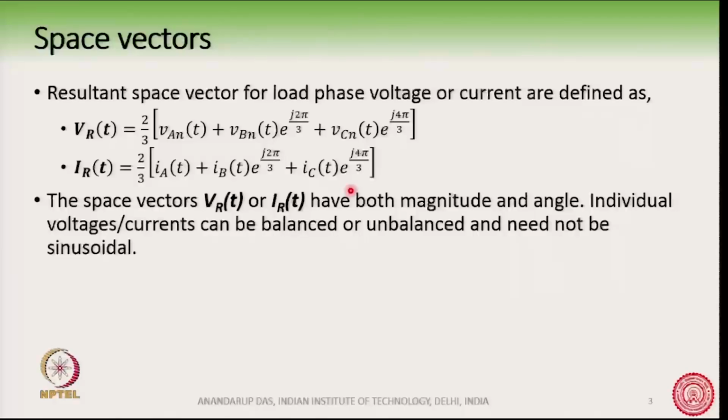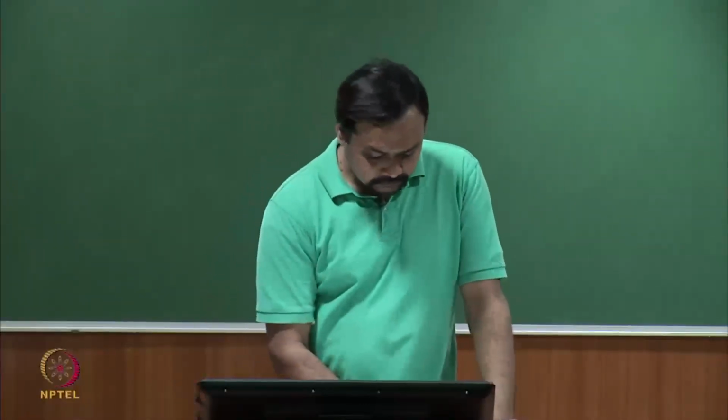So, we see that the space vector is kind of a mathematical concept, but it is very useful in visualizing how the resultant of 3 systems appears on the plane.